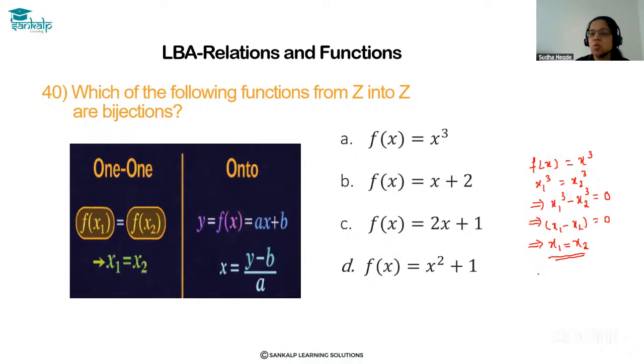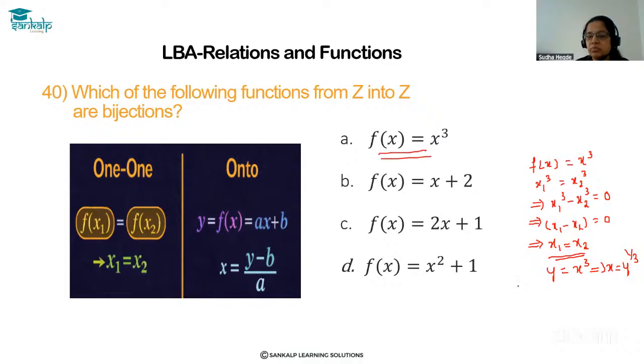But it is not onto because if you take y is equal to x cube, x is equal to y power 1 by 3, which is not an integer. Therefore, it is not onto. Therefore, this function is not bijective.